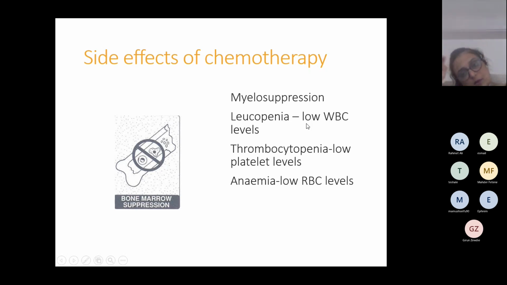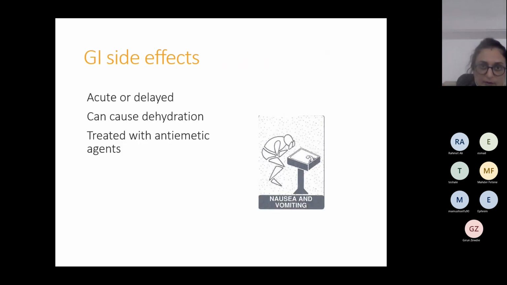If the low platelet counts are there, then that is thrombocytopenia. If low RBCs are there, then it is anemia. This is one of the major side effects of chemotherapy.